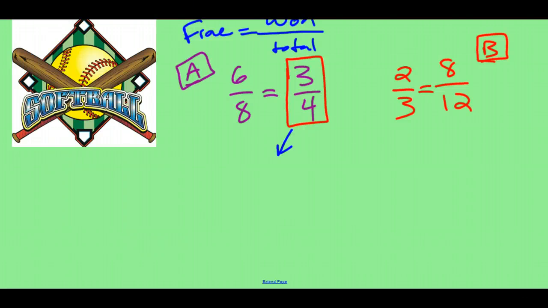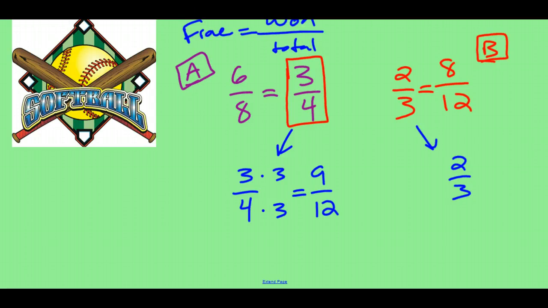So start with 3/4 and 2/3. Now 3 and 4 both go into 12. So if we multiply 3/4 by 3 in numerator and denominator, because that's how we create an equivalent fraction, we see that this is 9/12. Whereas B, we can multiply both by 4 and get 8/12.